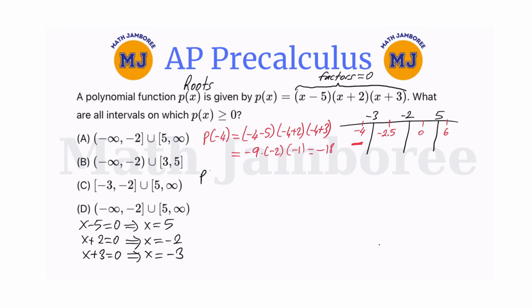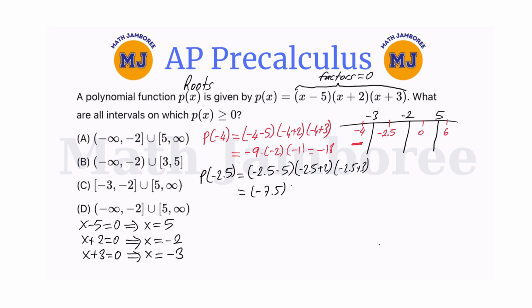What about p of negative 2.5? We'll just put negative 2.5 for the x. This is negative 7.5.